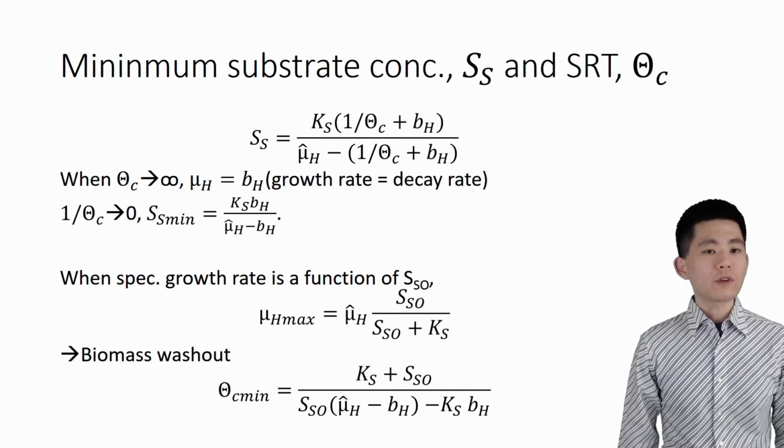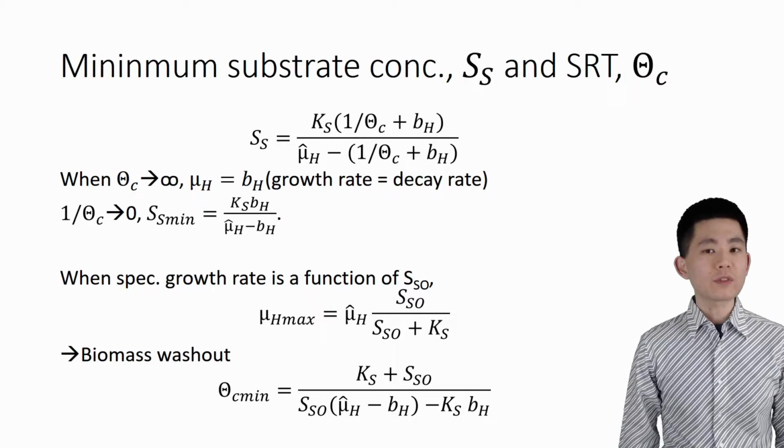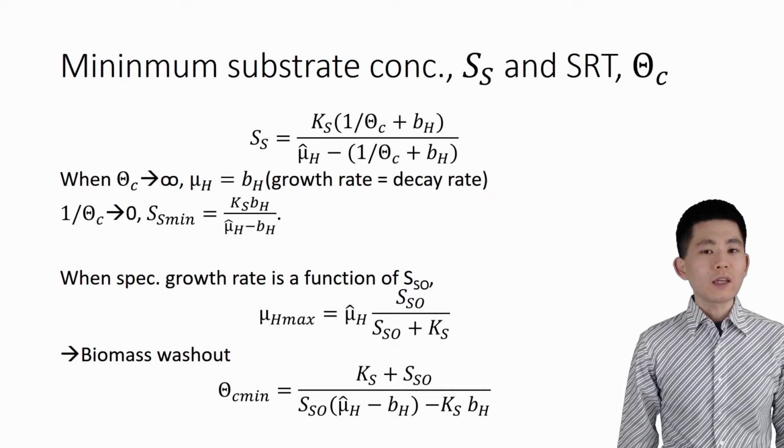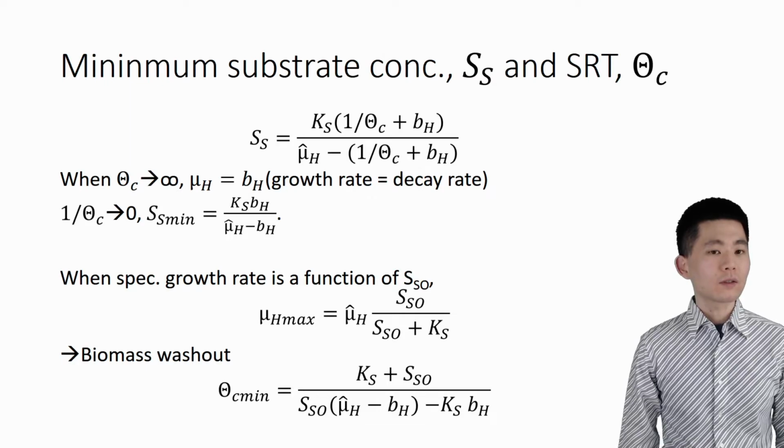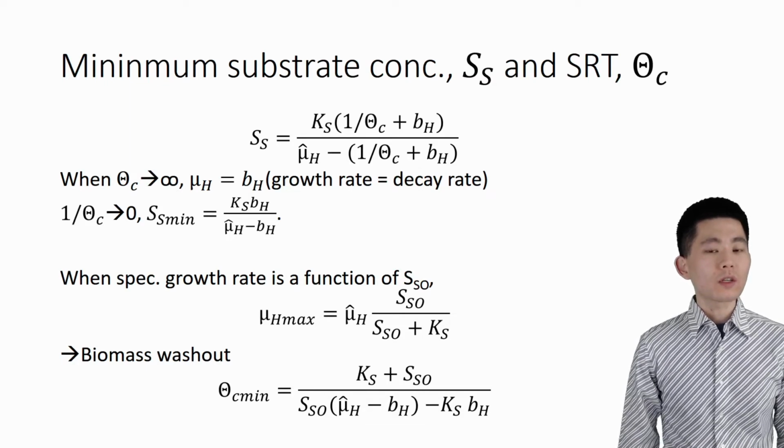When the effluent substrate concentration equals the influent substrate concentration, the specific growth rate is at its highest possible value, and this indicates that there's no substrate degradation in the reactor, and the SRT is too short, causing the biomass to be washed out.